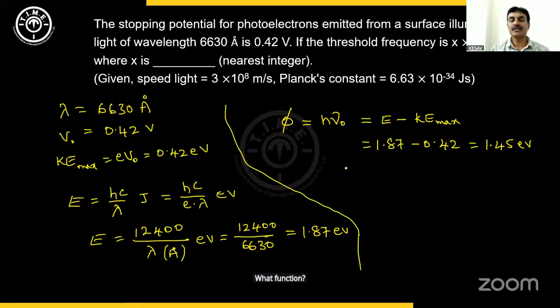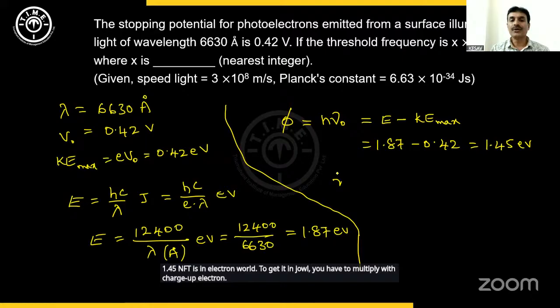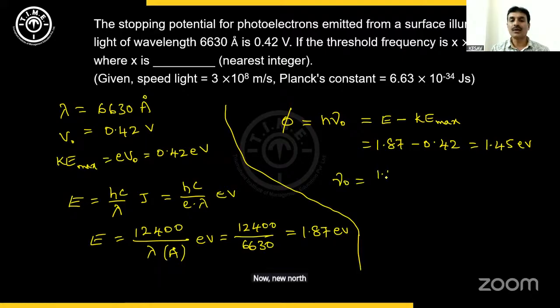Now, what is the corresponding frequency? 1.45 energy is in electron volt. To get it in joule, you have to multiply with the charge of electron. Now, nu naught is 1.45 in electron volt.